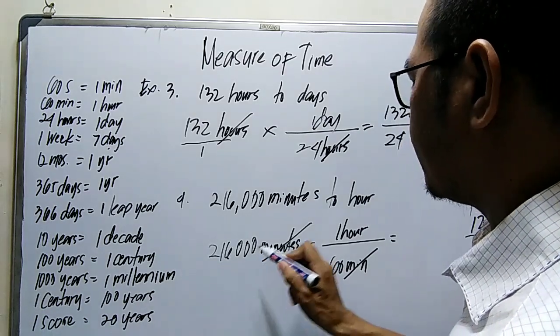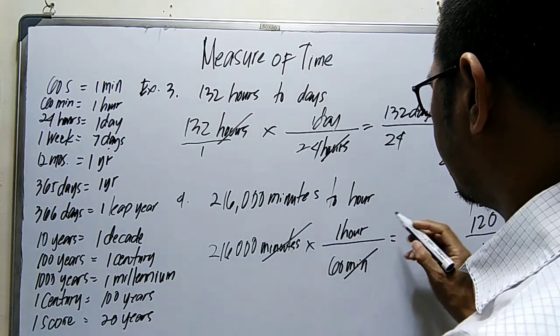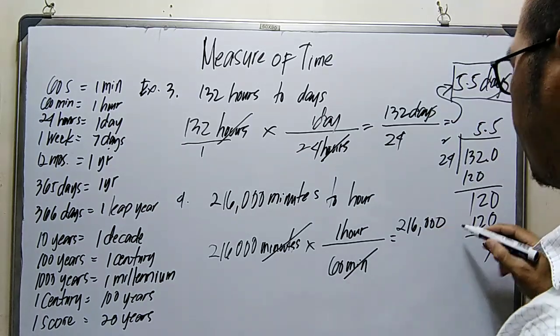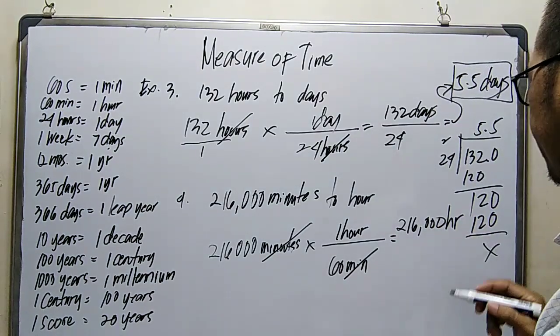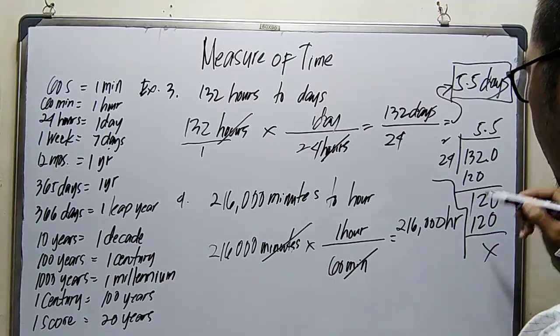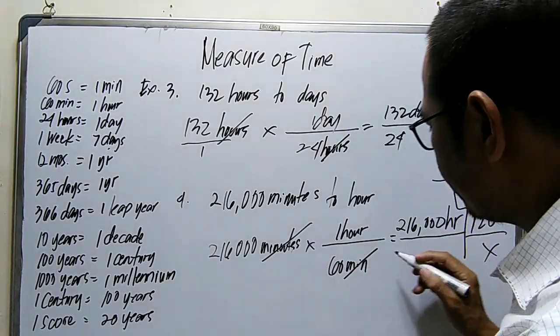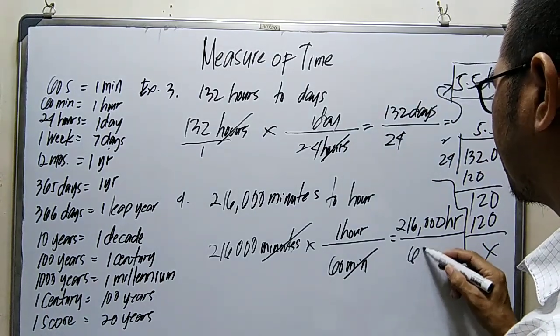So, ang naiwan dito, 216,000, i-multiply natin sa 1 hour, the result is 216,000 hour. Okay? I-divide natin yan kay 60 na lang, wala na palang minute. Ayan.